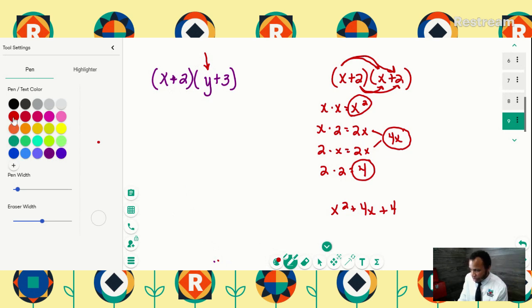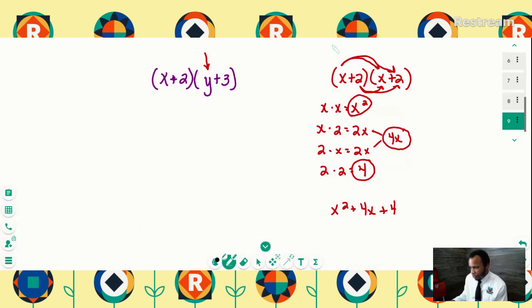So what we'll do, let's use black, is start by multiplying x times y.